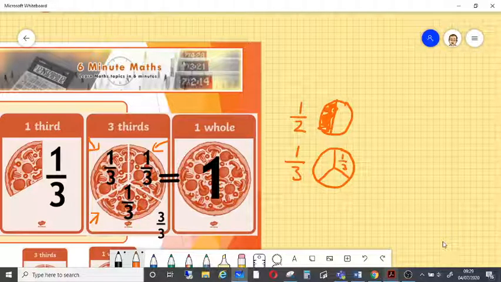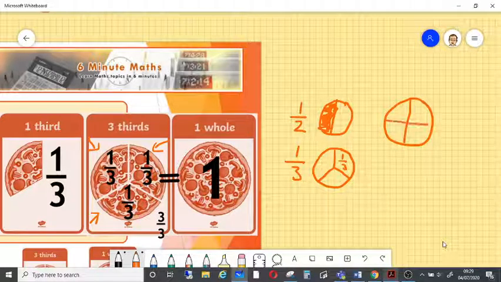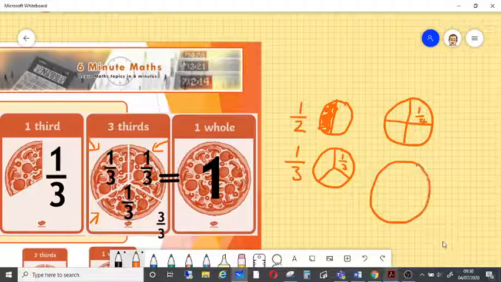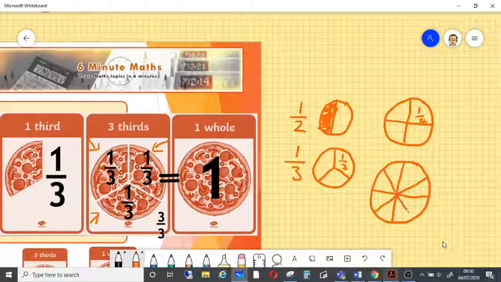So if I get a quarter now, they're getting smaller again. And if I was to go up to, let's say, an eighth, so it's not split in half, it's not split into quarters, it's actually split into eighths, then each one of those is getting smaller each time.